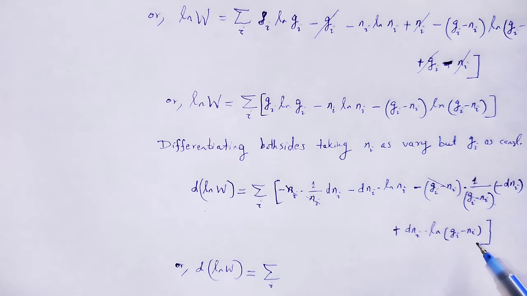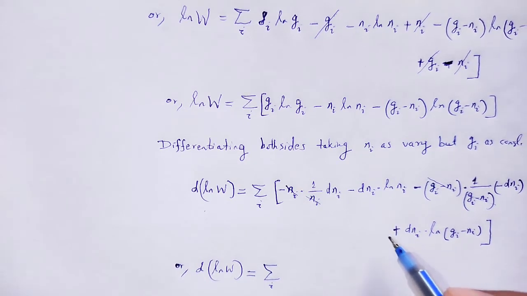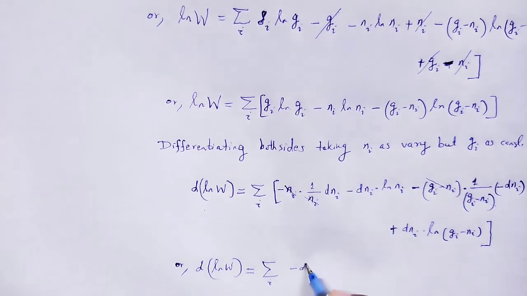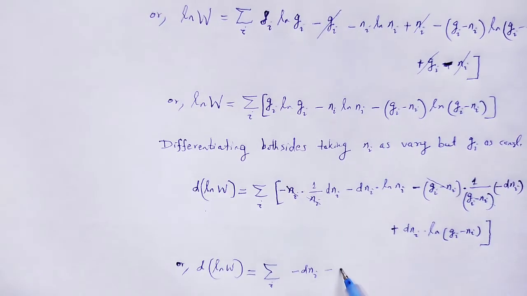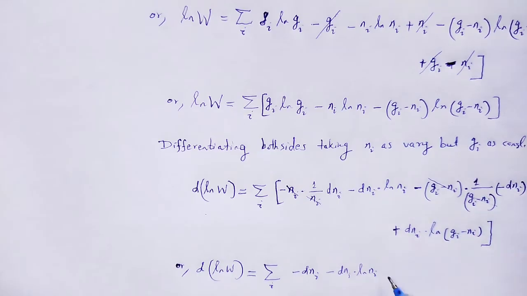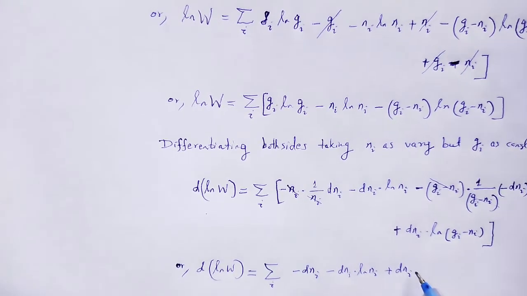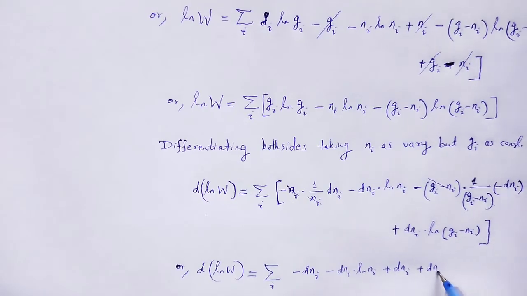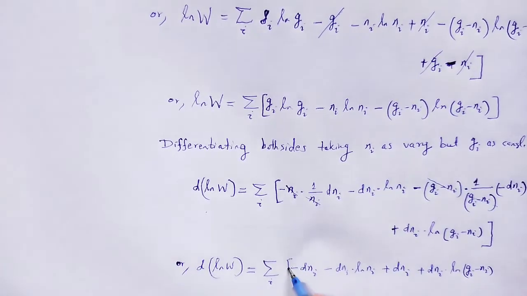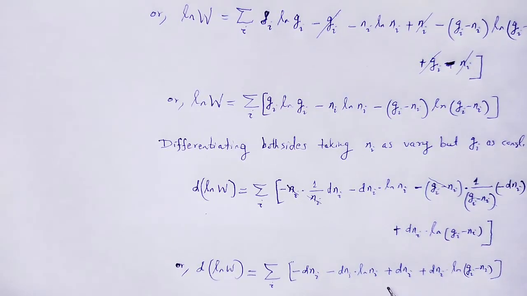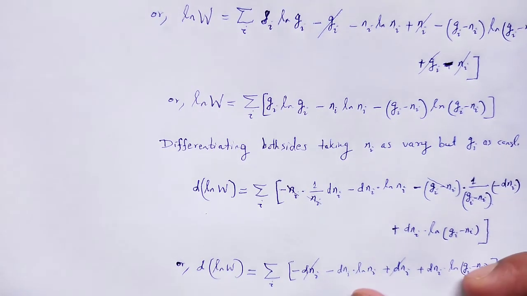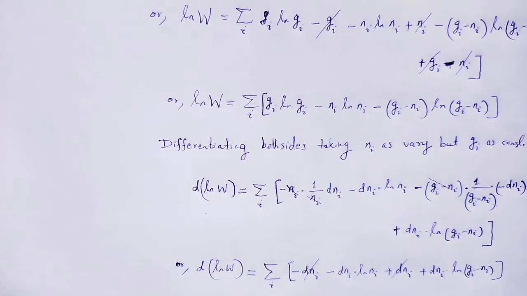First write all the terms: minus dNi, minus dNi ln Ni, plus dNi, plus dNi into ln (Gi minus Ni), plus dNi, minus dNi cancelled out. In these two terms we take dNi as common.